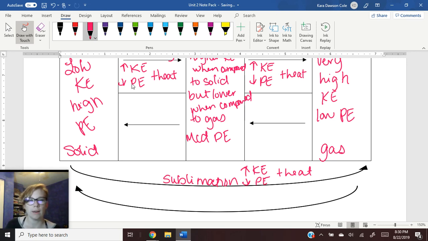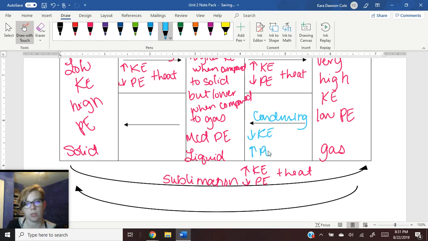So then we can go back the other way. If I go back this way to a liquid, if we're going from a gas to a liquid, we are condensing, which means that we are decreasing our kinetic energy and increasing our potential energy.